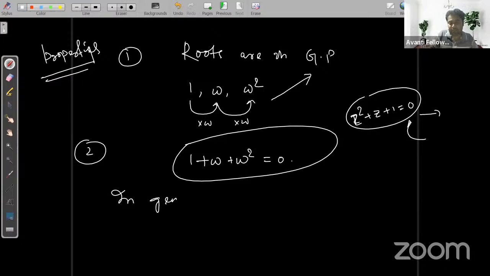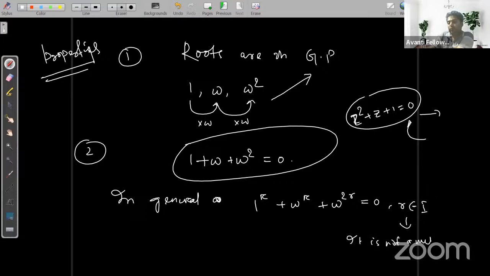In general, we can say 1 to the power r plus omega to the power r plus omega to the power 2r is also equal to 0 when r belongs to the set of integers but is not a multiple of 3.